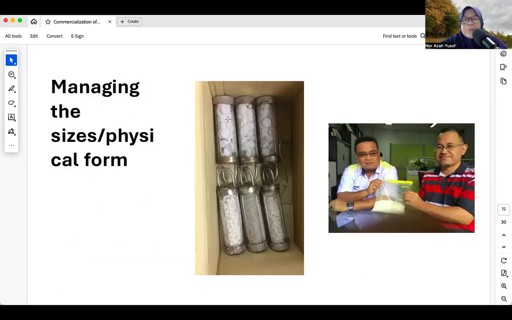And also when we first approached Petronas, they actually tested ours, but it was in the form of powder, and they said it doesn't work because the powder will get stuck in the filtration system. So we went back to the lab and designed a proper form of the product.